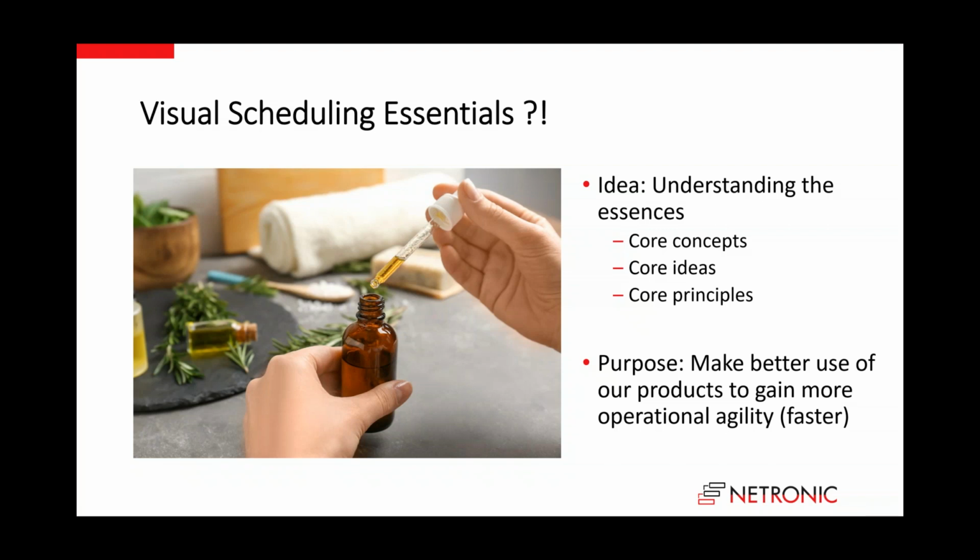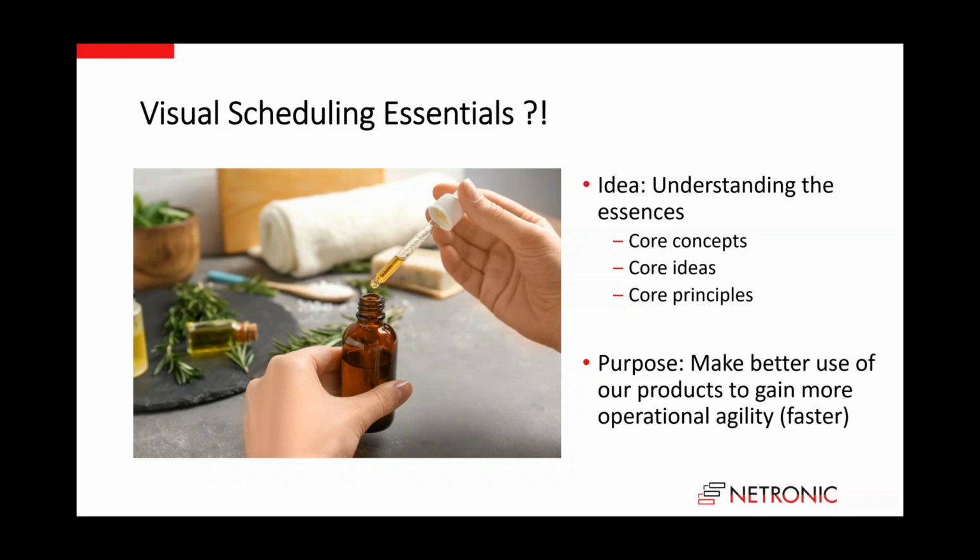And with the Visual Scheduling Essentials webinar, I would like to look at the things that mark the essence of our product, and help you better understand these essentials, like core concepts, core ideas, core principles.